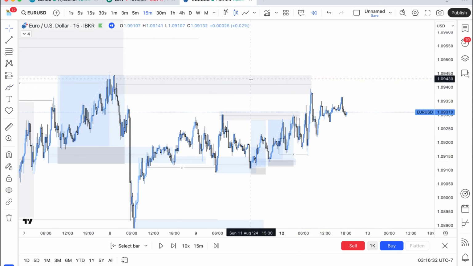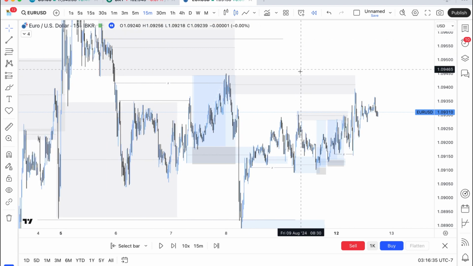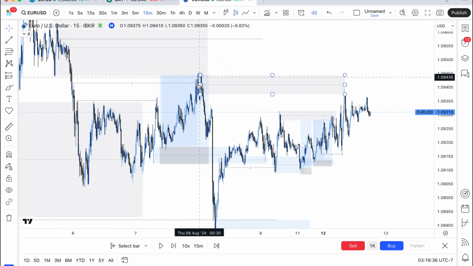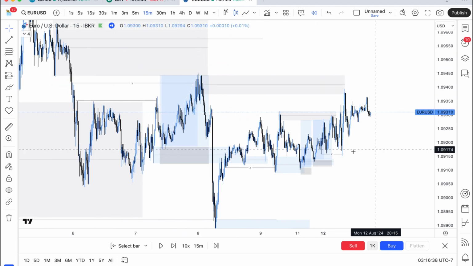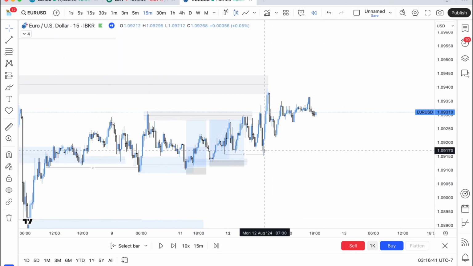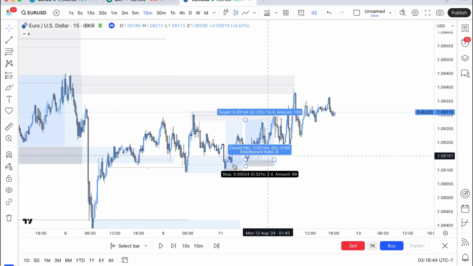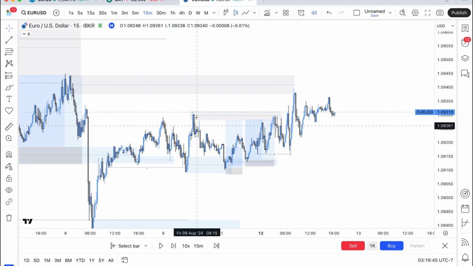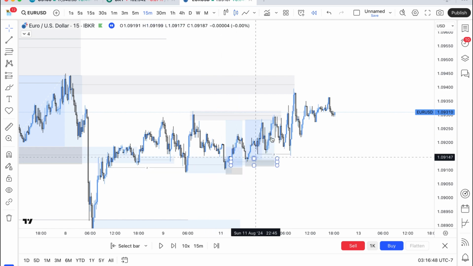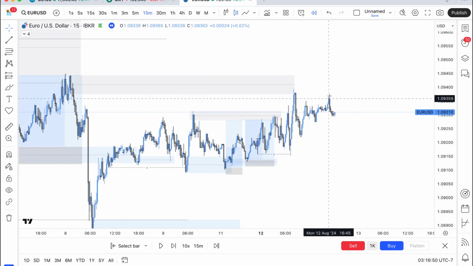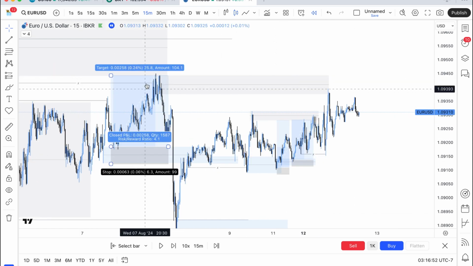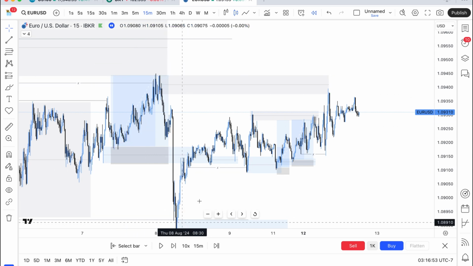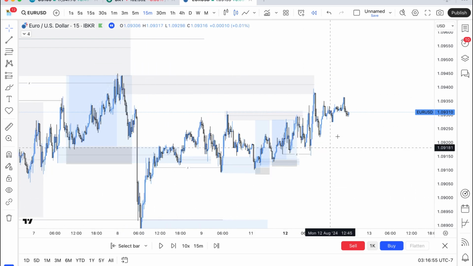So going over here, let me see here, for example. Okay, so right here, this is a swing high, right? So we anticipate that prices could fall, but right here, this is the internal swing low, as you can see, because there's internal swing low to swing high, internal swing low to swing high, internal swing low to swing high coming up, right? And this is an external swing high to swing low, which means internal structure is building bullish.